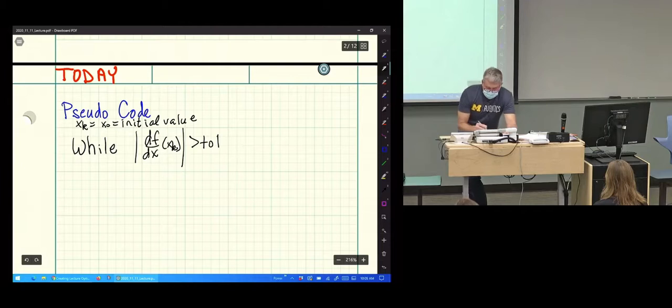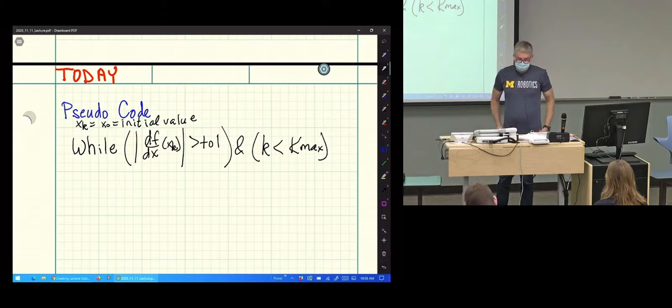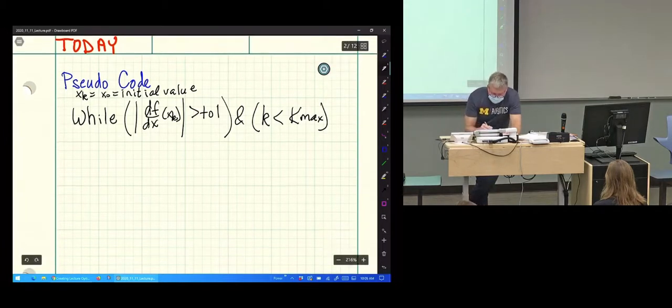Okay? And then if you wanted to make it a true algorithm, you can and we'll put a counter as long as it's less than some k max that we would set, 1e to the 4th or something. Okay, so that means we're going to terminate even if we never meet the condition. So that's the only reason we would do something like that.